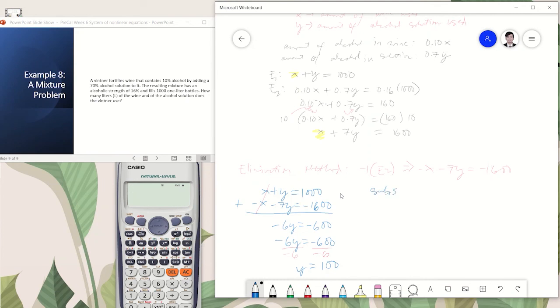And then to figure out the amount of wine used, you just have to substitute y is equal to 100 to either of the equations. In my end, I want to use equation 1. Equation 1 is x plus y is equal to 1,000. So x plus 100. We just have to add negative 100 on both sides. So x is equal to 900. So there you go. That's the answer.